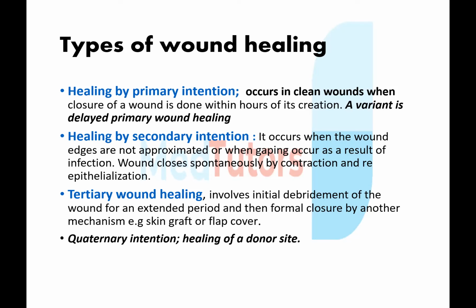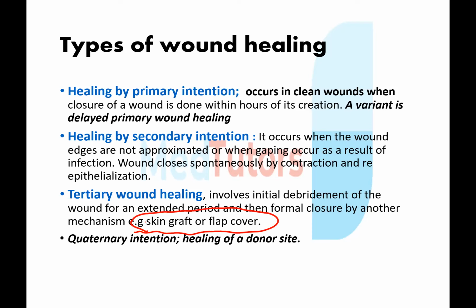So healing by tertiary wound healing, or healing by tertiary intention. What does it entail? Healing by tertiary intention involves initial debridement of the wound for an extended period, okay, and then formal closure by another mechanism like skin grafting or flap cover.